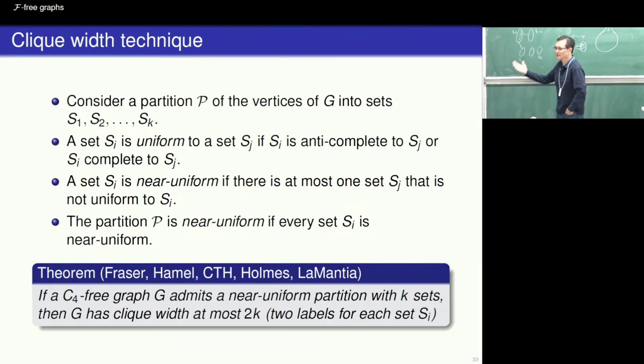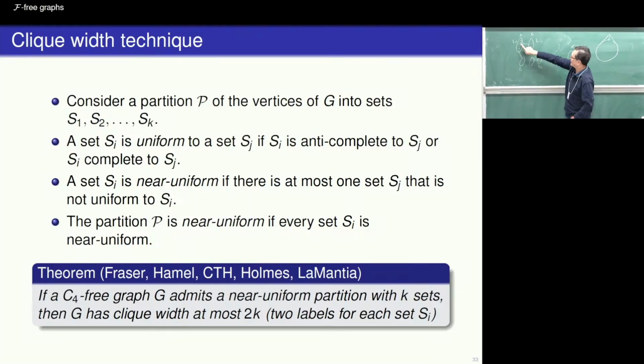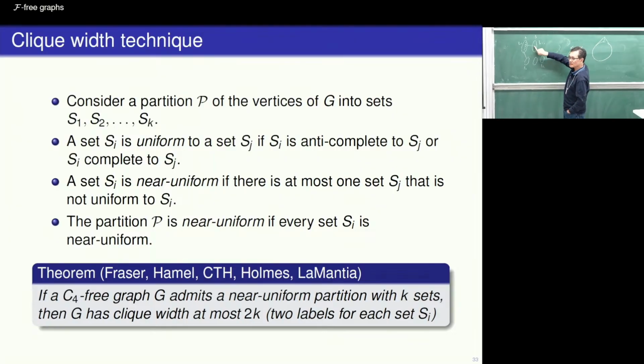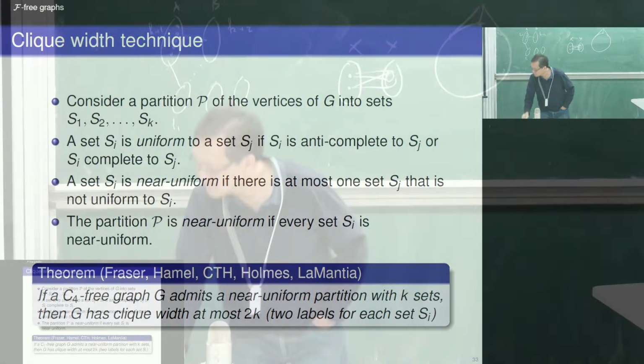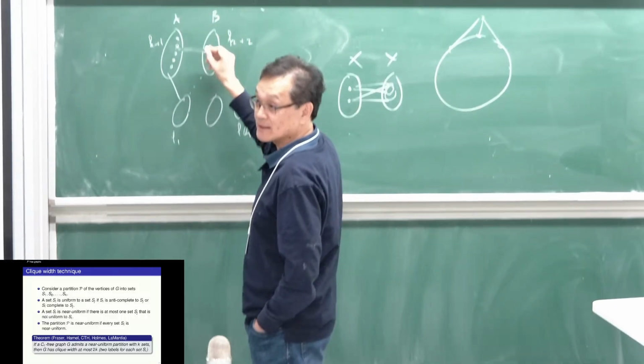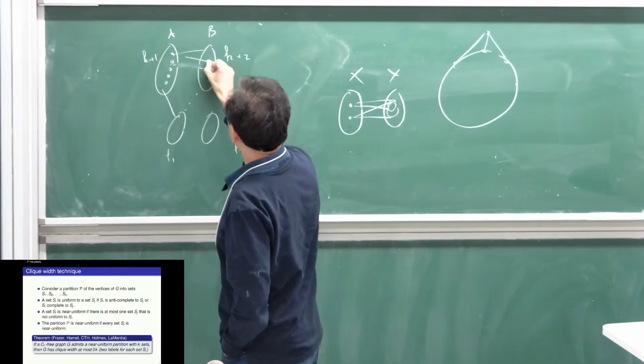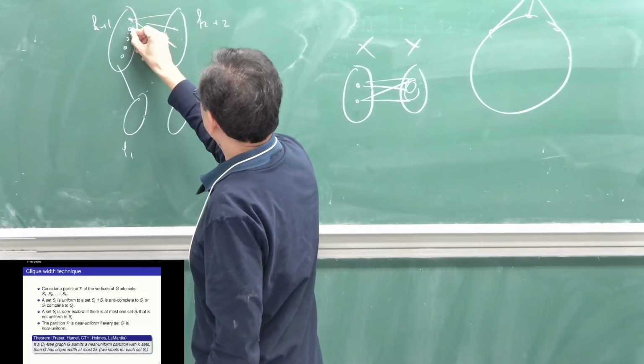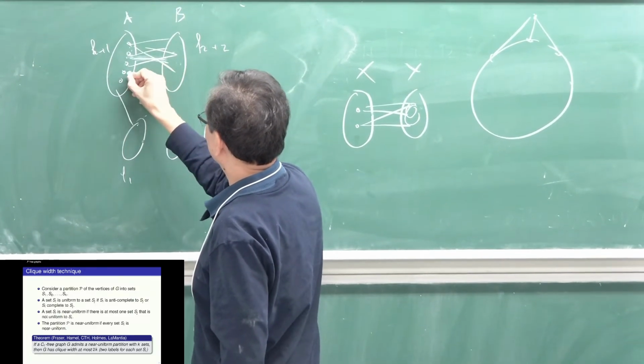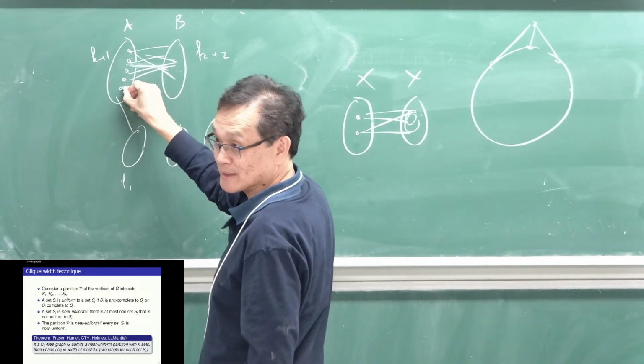So then you see how I do it. By induction, I have these labels, and then I build this graph. I can do it because any two vertices are comparable here. I will have the set of maximal neighbors, and this guy dominates him, this guy dominates him, and maybe this guy is dominated by everything.